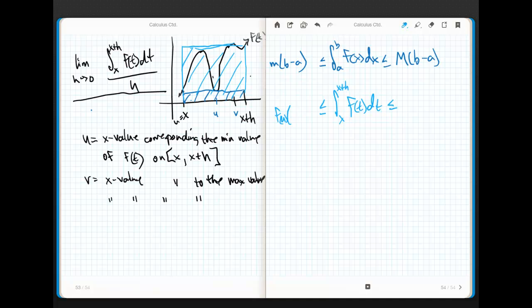Well, it's x plus h minus x, which is just h, correct? And f of v, because v was my max, times h as well, because x plus h minus x. You see how this works, right?